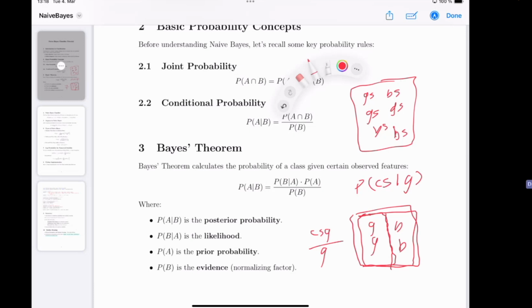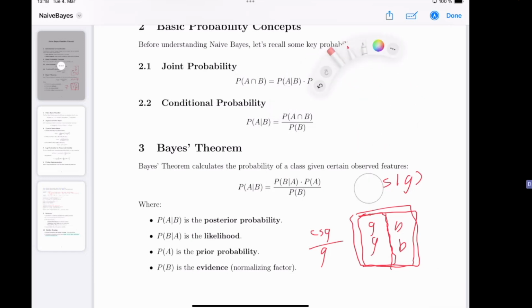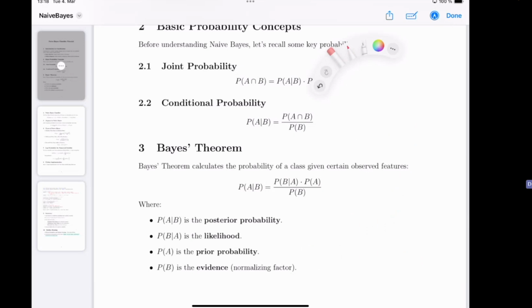That means that being a girl has itself a probability. So when we talk about conditional probability, like we have it here, we are talking also about the probability of the subset itself.